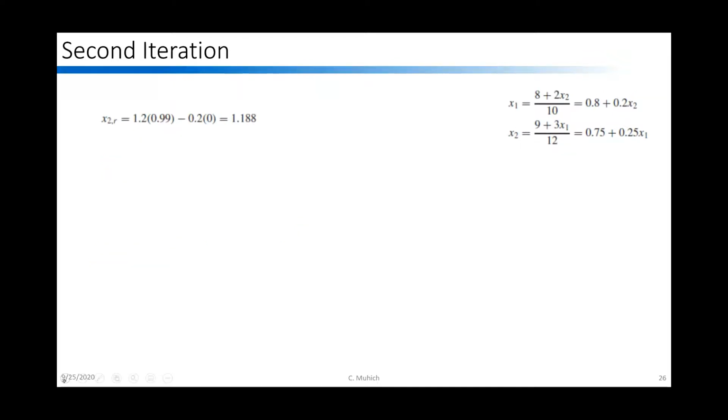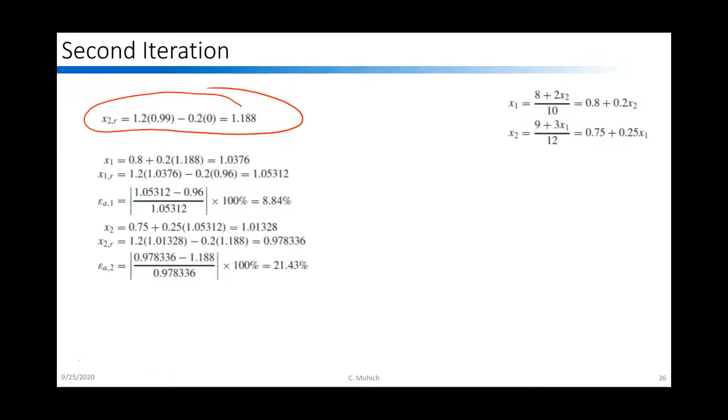So we can continue on to the second iteration. I've pulled the relaxed x2 value forward, and we can then continue on with our new guess of x1. Just in the interest of time, I'm not going to do out all the math with you, but I'm going to just comment on it.